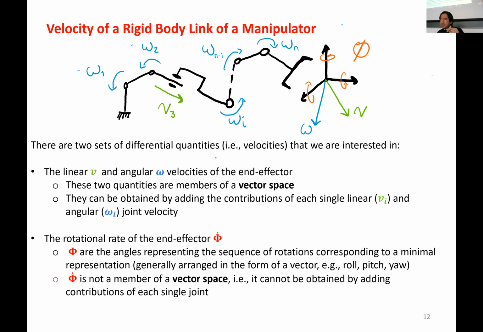So you cannot add the yaw rate of one joint to the yaw rate of the next one and get the yaw rate at the other vector. So in general, these two are different, and they are the same only under very specific circumstances where the frames are coincident, which is generally not the case. It's always good to keep in mind that these are always different.